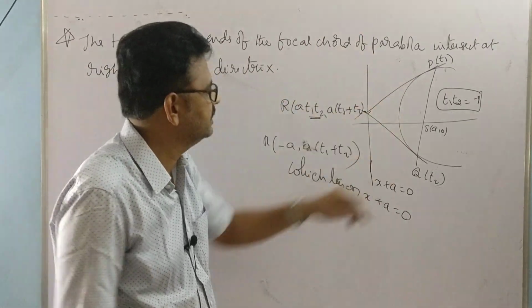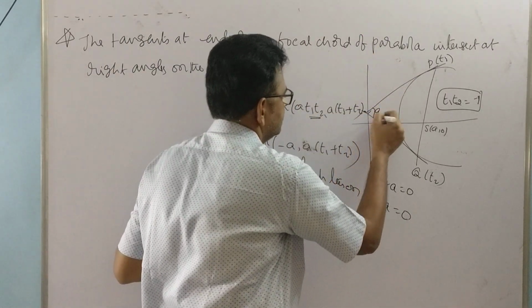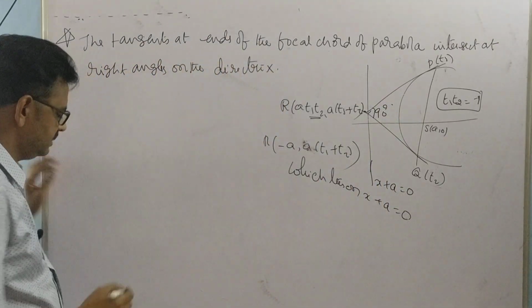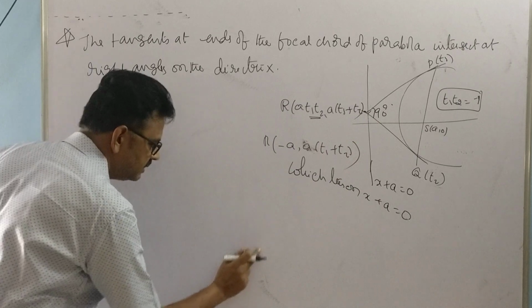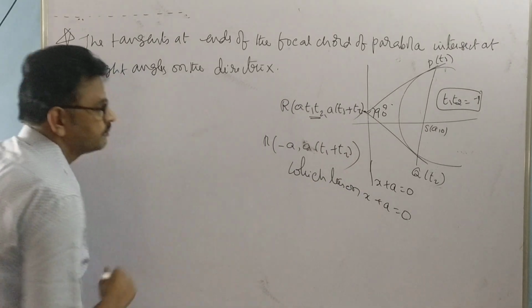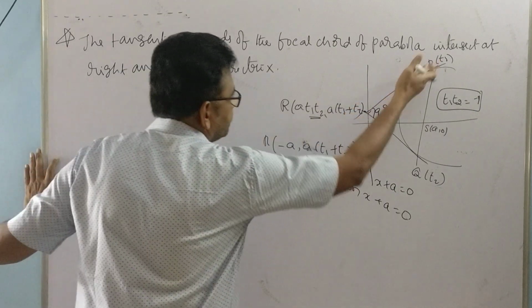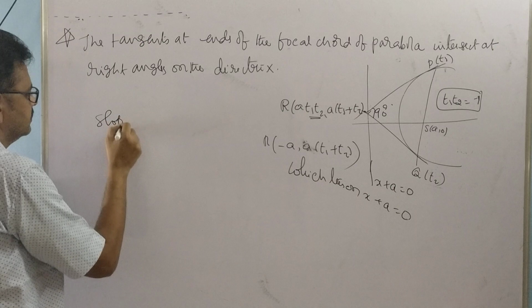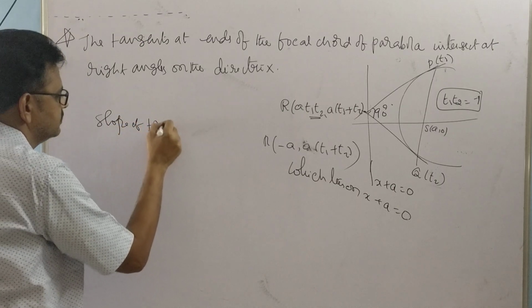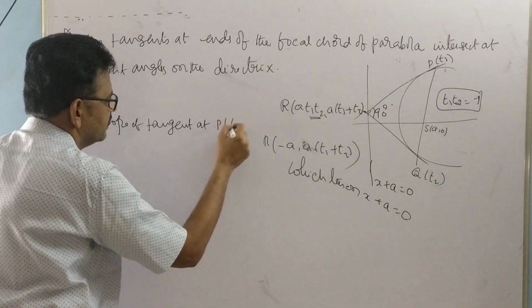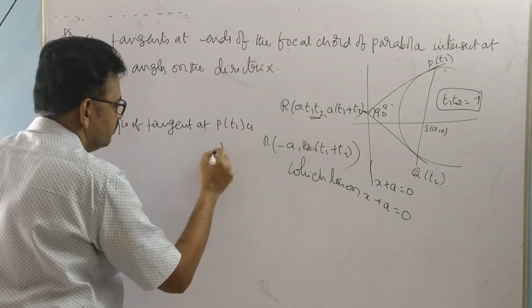Now we have to show that they are perpendicular, 90 degrees. Now what is the slope of tangent? From the previous equation of tangent, the slope of tangent is 1 by t. Slope of tangent at P, t1 is 1 by t1.